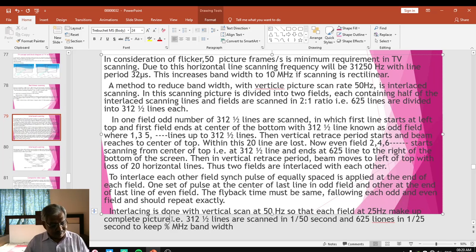That is, 312.5 lines are scanned in 1/50 second and 625 lines are scanned in 1/25 second to keep the 5 megahertz bandwidth as it is.